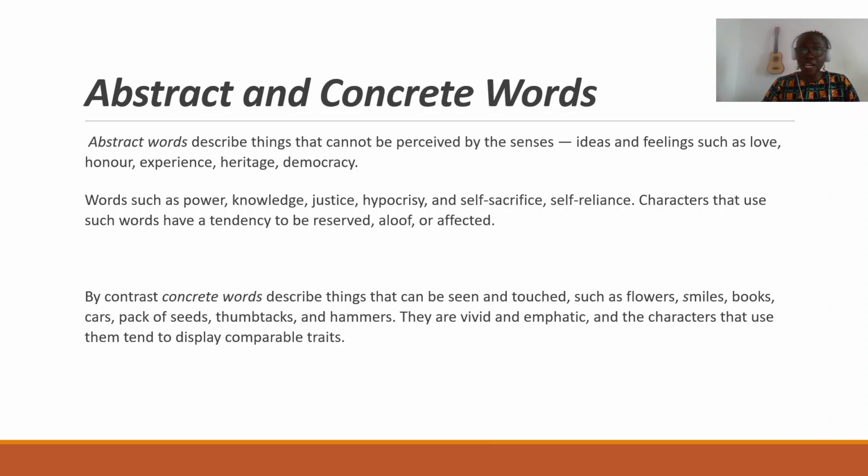They are vivid and emphatic, and the characters that use them tend to display traits where your language is not so abstract, you are straight to the point, you are as real as it comes. And so it shows also in the things you say. You talk about ordinary, normal things. When you look at somebody like Linda, Willie's wife, she's very real. She speaks in concrete terms. She does not speak in abstract terms.